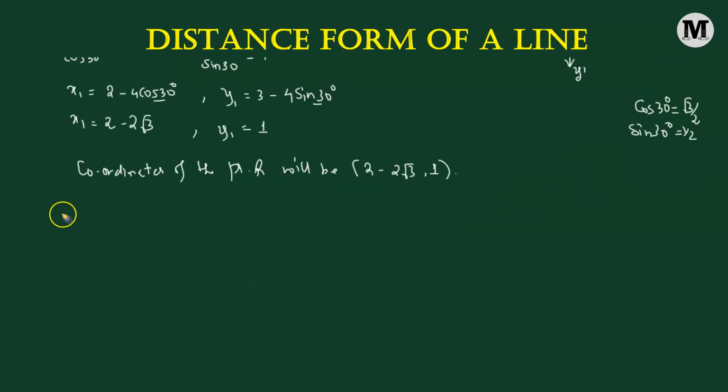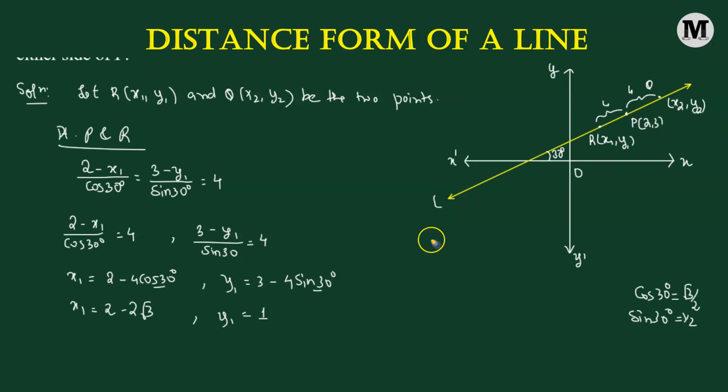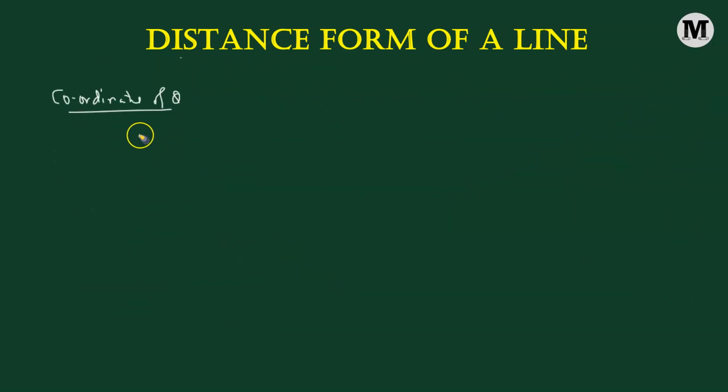For this we use the coordinates of point P and the coordinates of point Q. So (x2 minus 2) divided by cosine 30 degrees equals (y2 minus 3) divided by sine 30 degrees, and that is equal to 4.